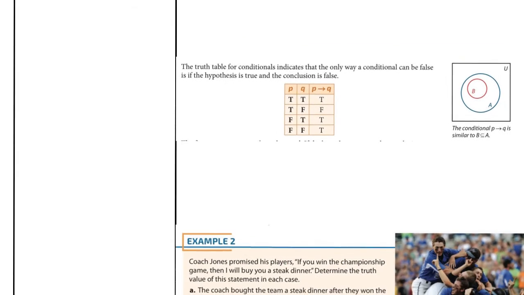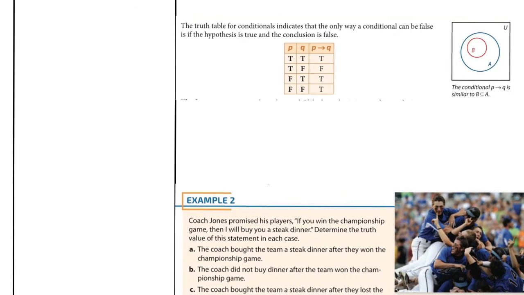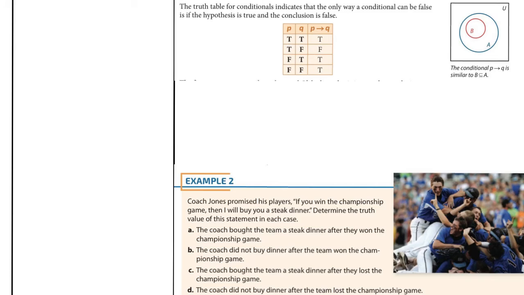All right. So let's look at this next little part. The truth table for conditionals indicates the only way a conditional can be false is if the hypothesis is true and the conclusion is false. Now I think I have a video on this one that I'm going to show you tomorrow.